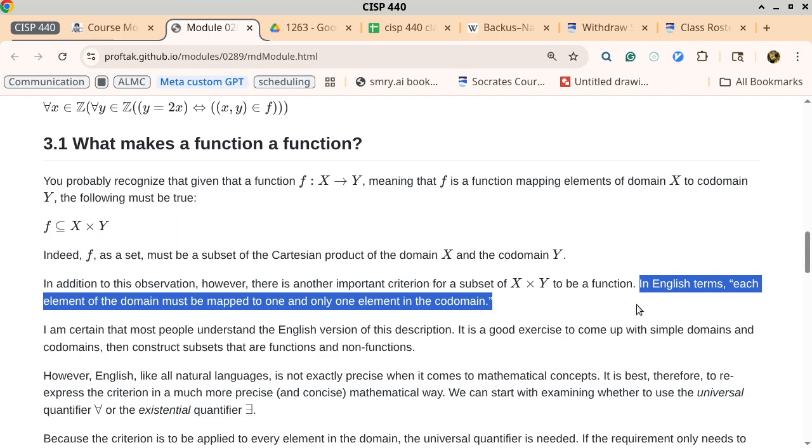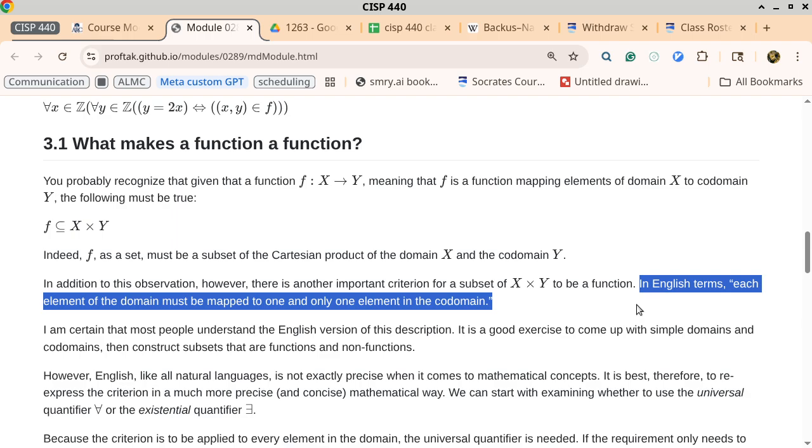Okay. And we also identified that counting can only be done using the cardinality operator. So we are looking at the cardinality of something being exactly one. Is that okay? Because we are counting, map to one and only one in the codomain.